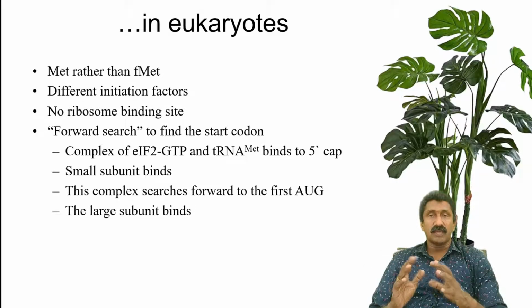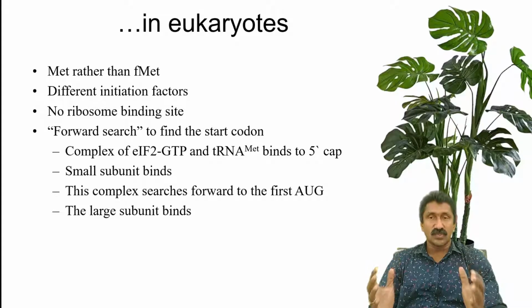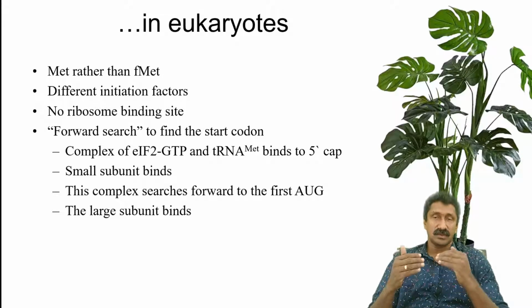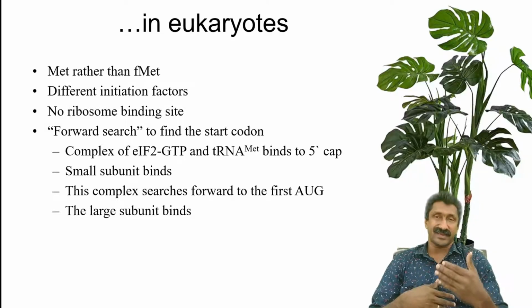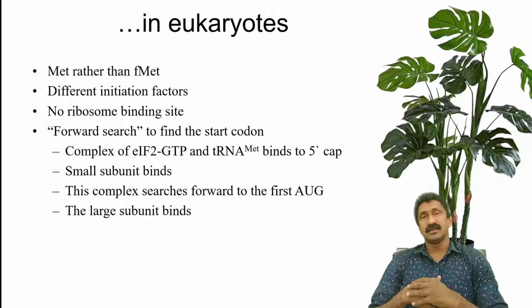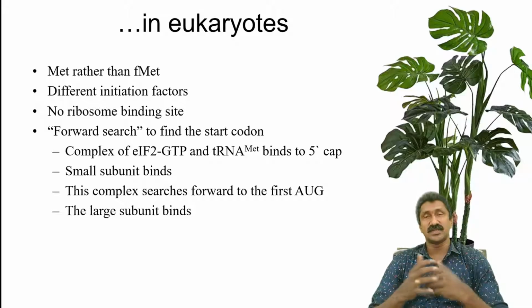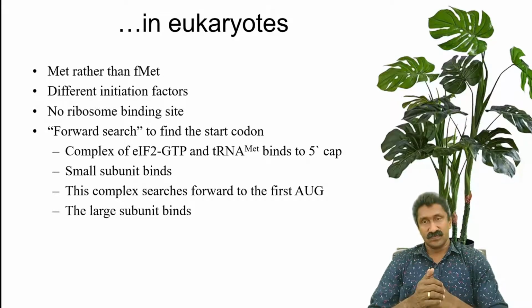Then there is no specific ribosome binding site present in the mRNA. In the mRNA of prokaryotes, we have a Shine-Dalgarno sequence, and that specific sequence helps in binding or positioning the mRNA correctly in the ribosome assembly, and therefore positioning the correct AUG initiation codon in the P site.